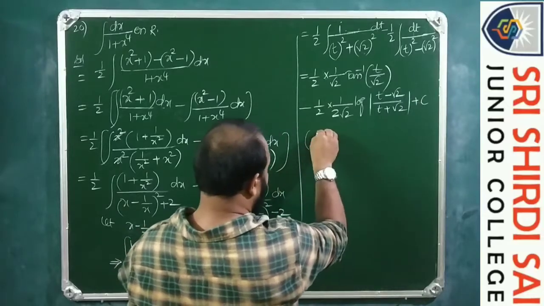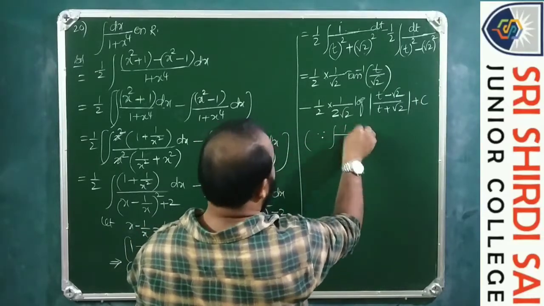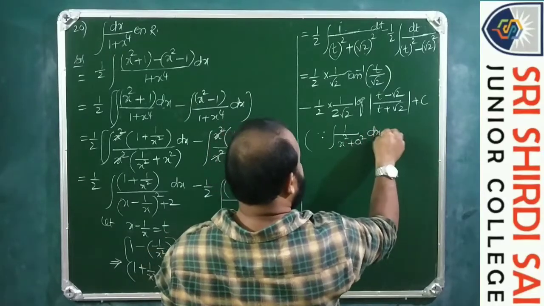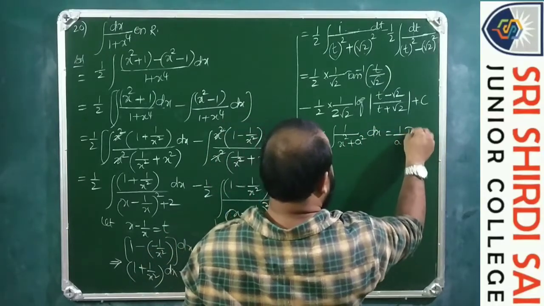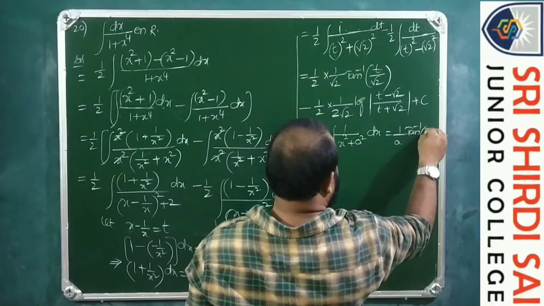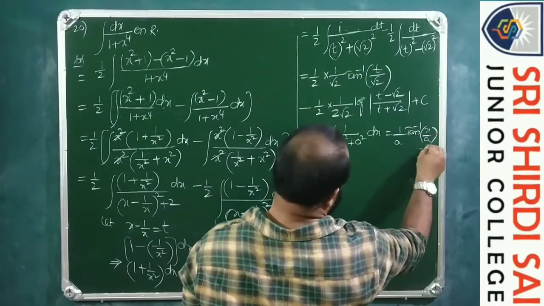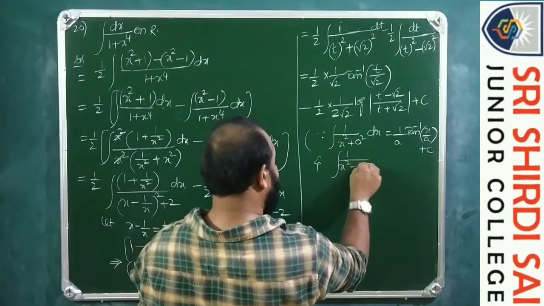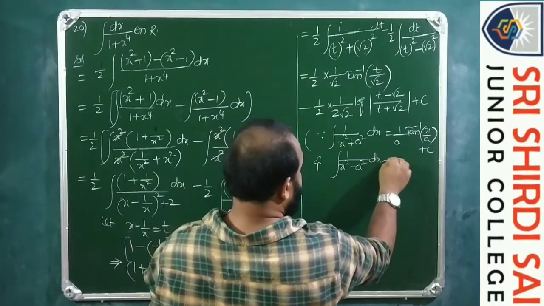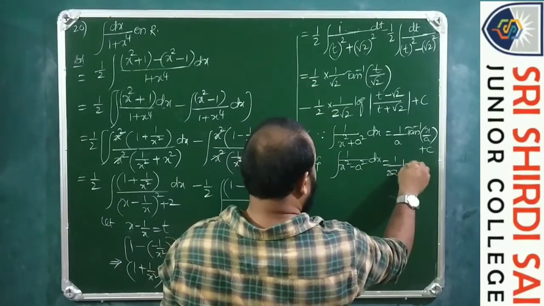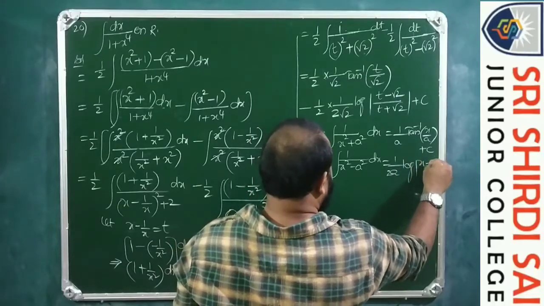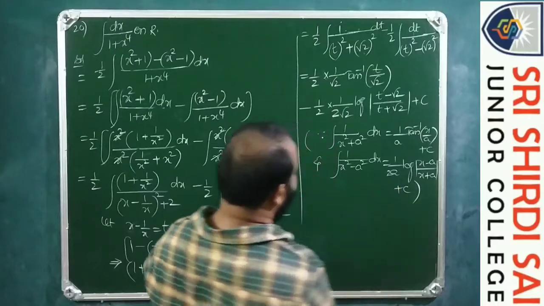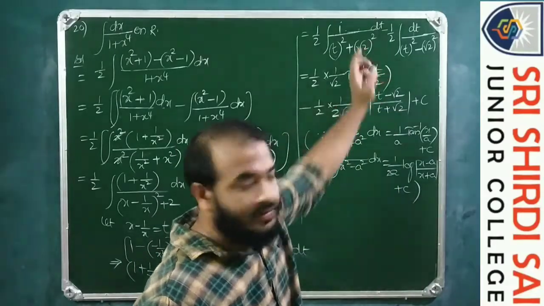So I have used the formula: 1 by x square plus a square dx is 1 by a tan inverse x by a plus c, and 1 by x square minus a square dx is 1 by 2a log mod x minus a by x plus a plus c. So these two formulae I have used here.